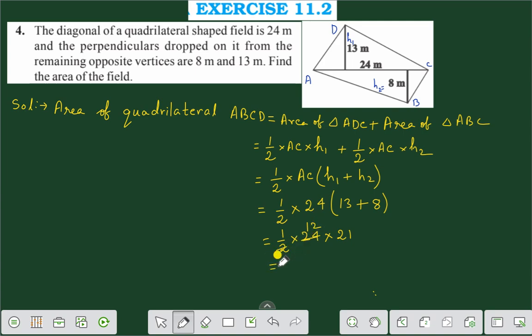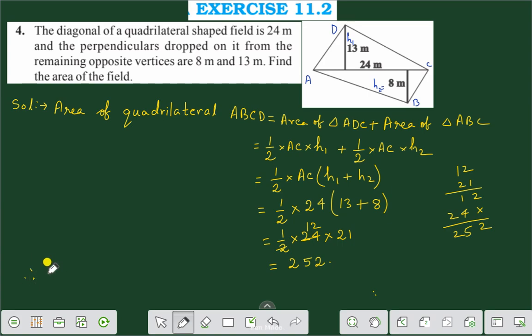Now, if we multiply 12 with 21, then we are getting 252. That's the area of the field.